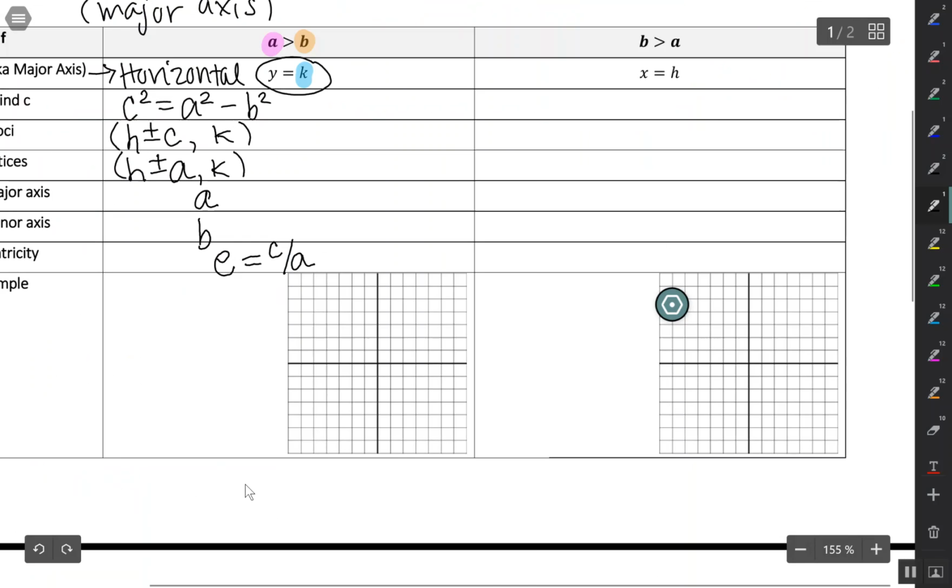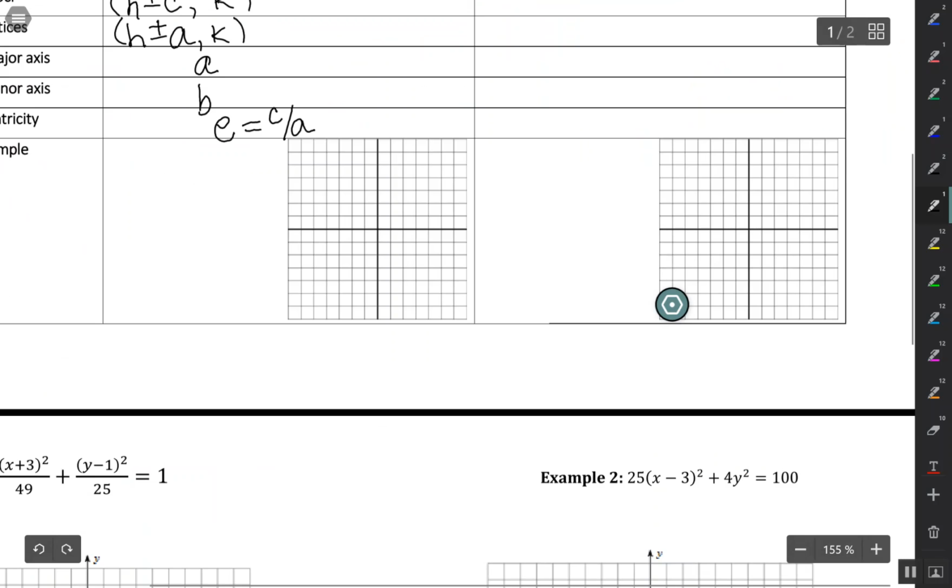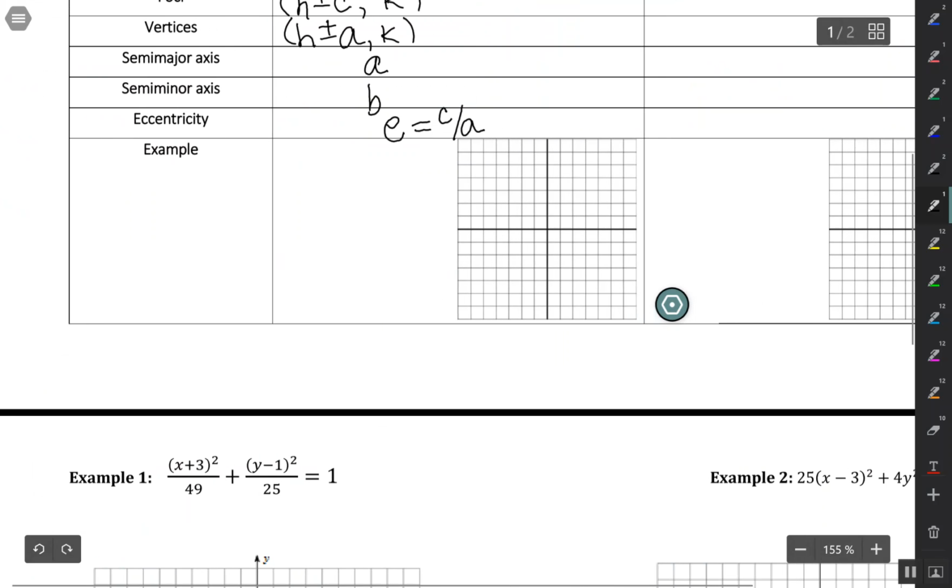Okay, so let's do an example. Let's do x squared over 25 plus y squared over 9 is equal to 1.